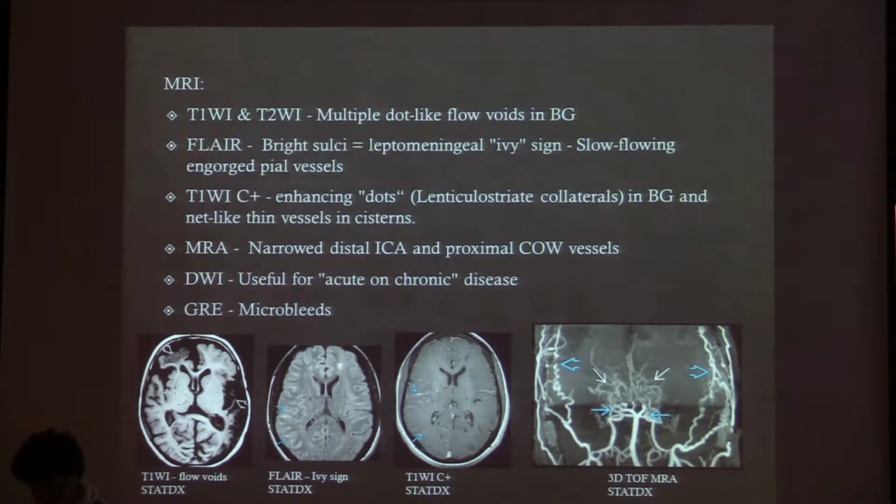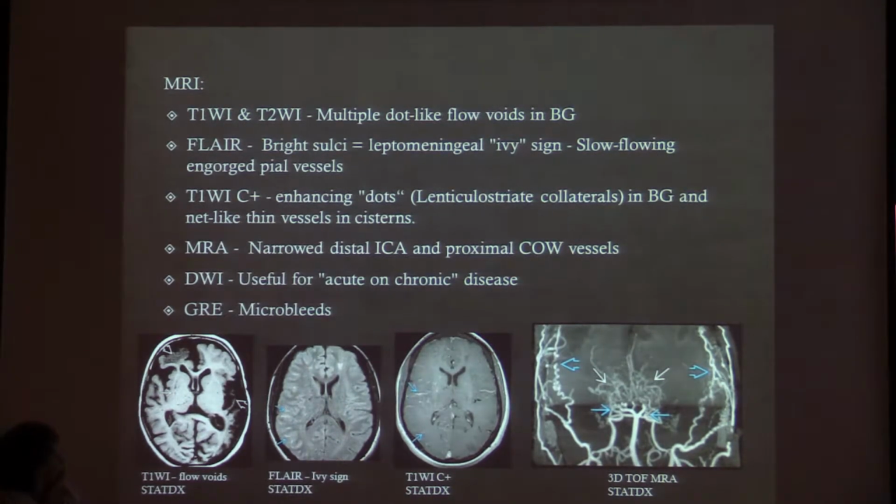On MRA, we could see narrowing of the distal internal carotid arteries and proximal circle of Willis vessels. Diffusion weighted imaging is usually used to differentiate acute from chronic strokes, and gradient echo to look for microbleeds.